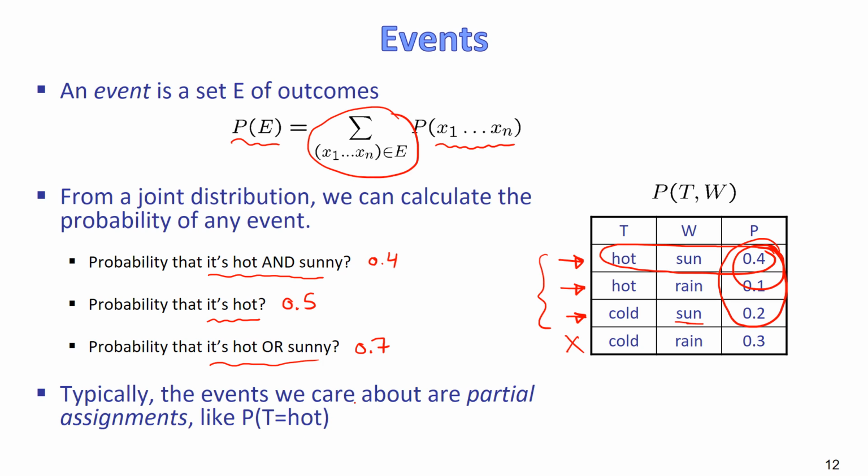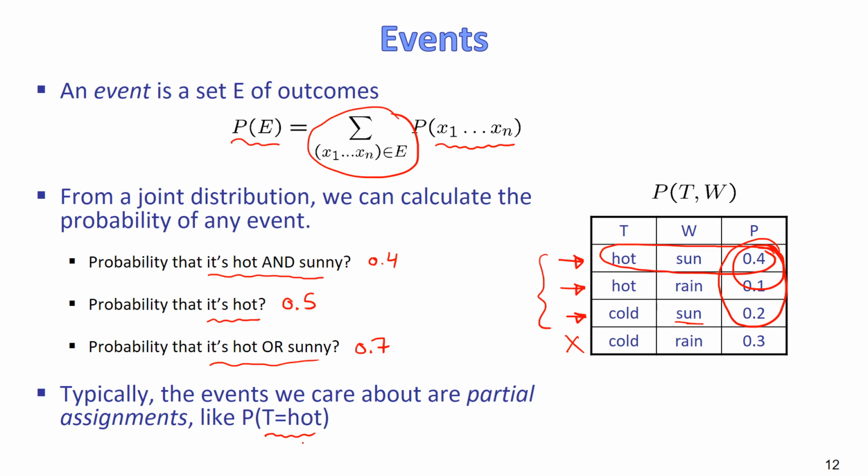Usually we are more interested in events that have partial assignments. What do you mean by partial assignments? Events that correspond to specific variables, not all of them. For example, when the temperature is hot. We didn't say anything about the weather here, right? So that's typically the kind of probabilities we will be interested in, which means it will correspond to multiple rows in the table, because there are some variables that we don't care about.